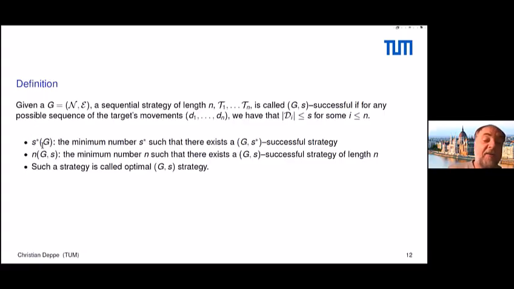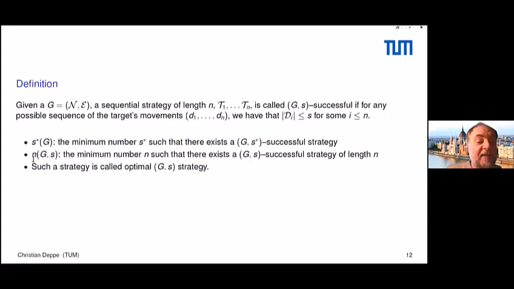By S star of G, I denote the minimum number S star such that there exists a GS star successful strategy. As you saw before, it's never possible that S equals 1, for example, because the element is always moving by 1, and we always assume that our graph is connected. So S equals 1 is not possible. Then you have to think what is the smallest number that is possible, and this we denote by S star.